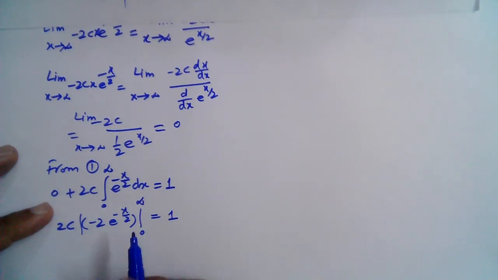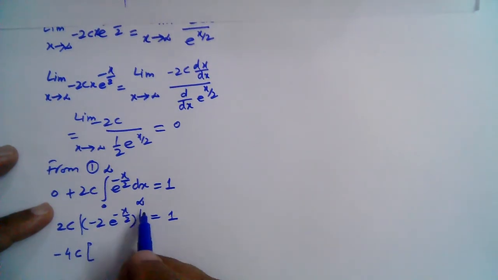So let's now put in the limits here. This is actually minus, we can write it as minus 4c. And then we can put in the value. So this is 1 over e raised to the power x over 2, when x tends to infinity, this is 0.